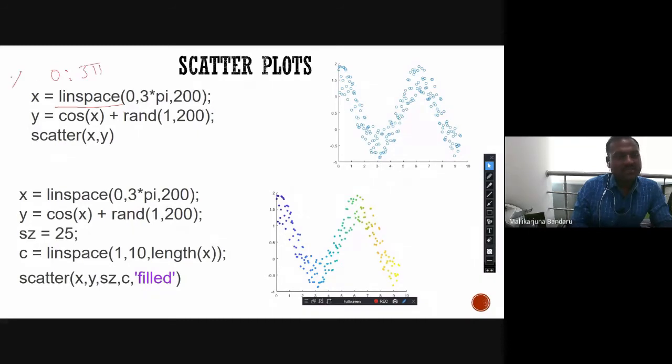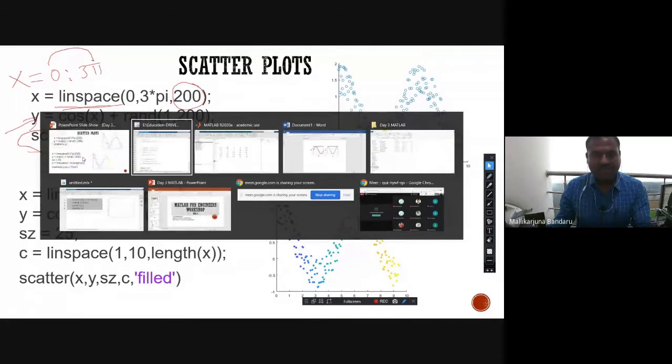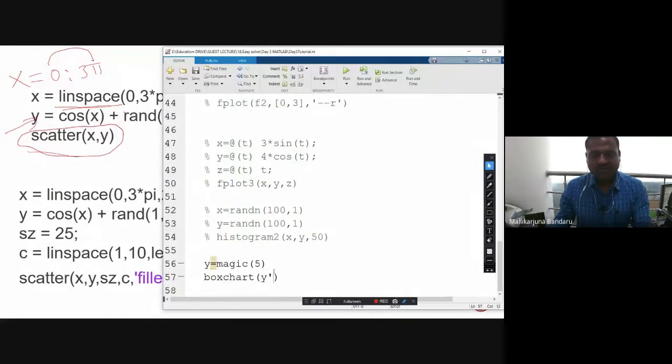But what is meant by linspace? This is another syntax. Between 0 to 3 pi, we have to take 200 points. At these 200 points, we have to find the y values, and for those x and y values, we draw the scatter of x, y. So this is actually what we are looking at, a scatter graph.